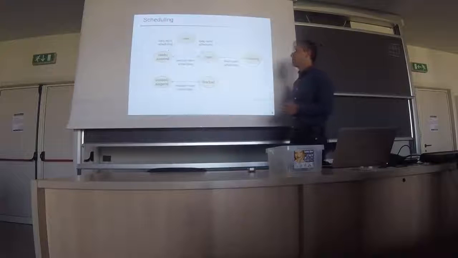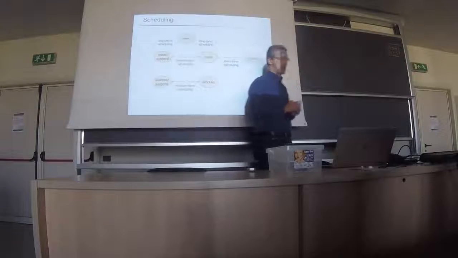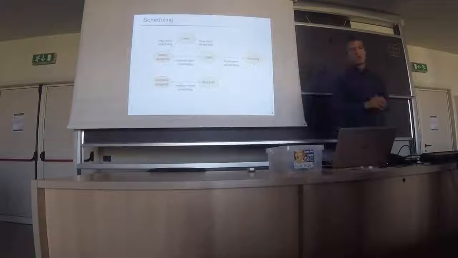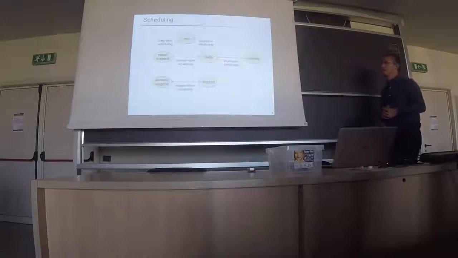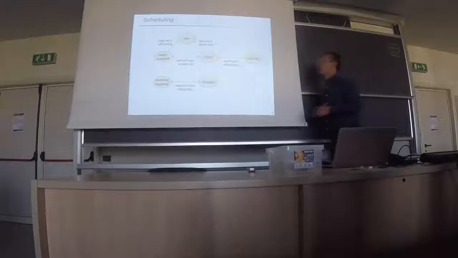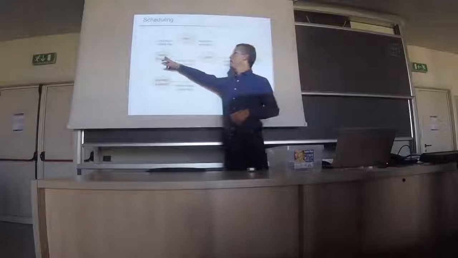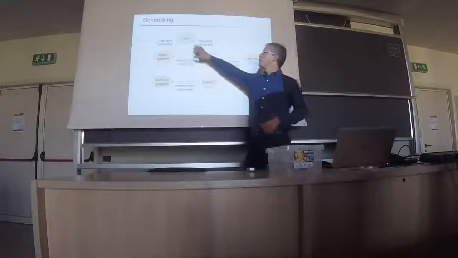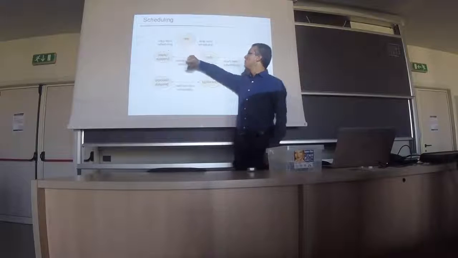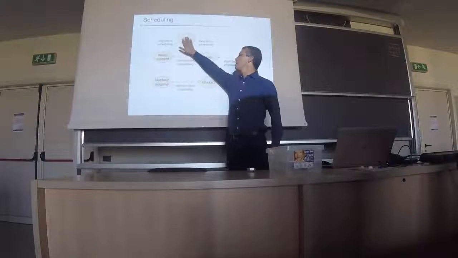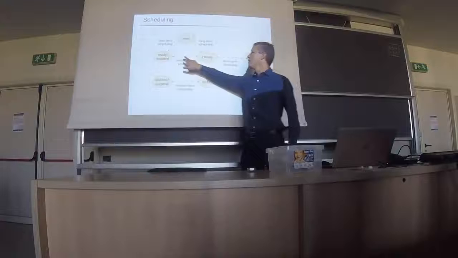So these are the slides that you already saw in the previous cycles. We have different states of my task that may move from ready or suspend to new, from new to ready suspend, from new to ready.